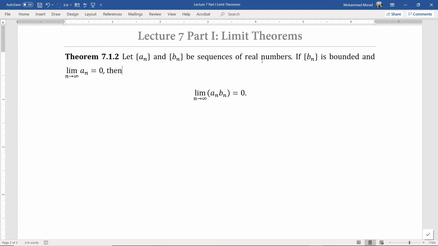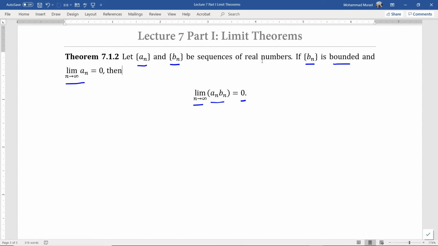Theorem. Let a sub n and b sub n be sequences of real numbers. If b sub n is a bounded sequence and the limit of a sub n as n approaches infinity equals 0, then the limit of the product a sub n b sub n as n approaches infinity is equal to 0.